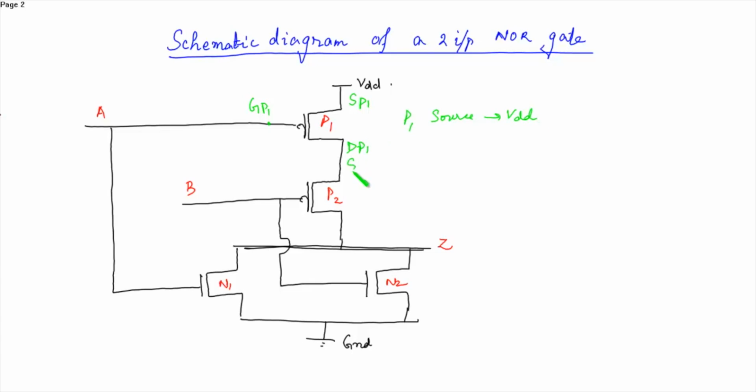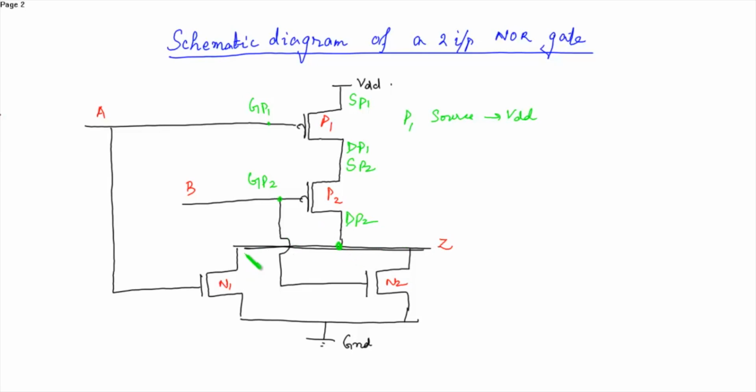Now this is the source of P2, and this is the drain of P2. This terminal is the gate of P2. So we know that the output is always obtained at the drain terminal.